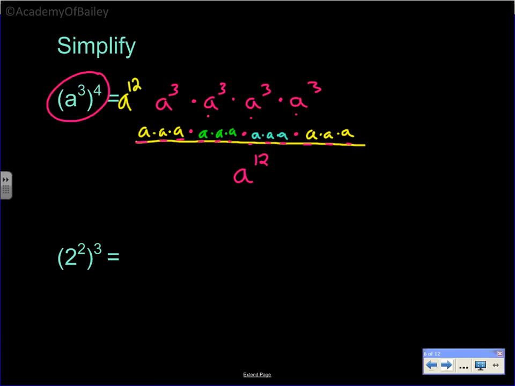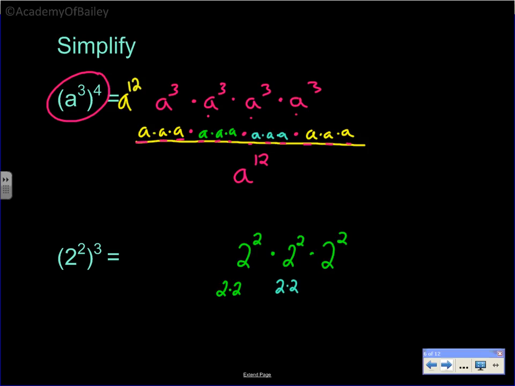Let's look at the next example down here. 2 squared cubed. Well, what number is being cubed? That would be 2 squared. So that means we have 2 squared multiplied by itself 3 times. And 2 squared is just 2 times 2. In the middle, 2 squared is 2 times 2.